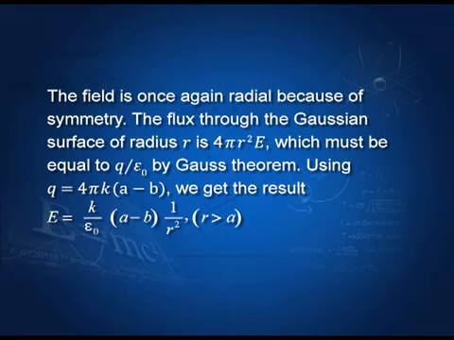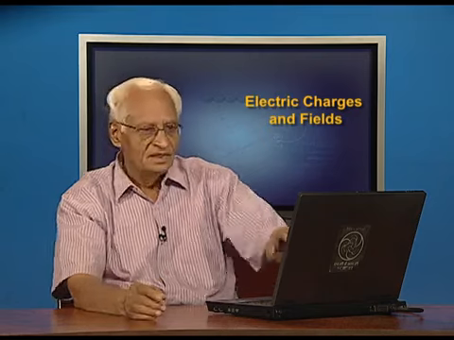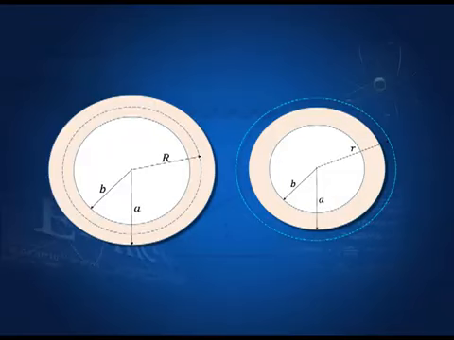So, this divided by epsilon 0 is 4 pi r squared E. Therefore, E is k by epsilon 0 times (a minus b) into 1 by r squared for points outside the shell. And once again the field varies as 1 by r squared. Why? Because for a point outside, the whole charge is concentrated at the center of the system.